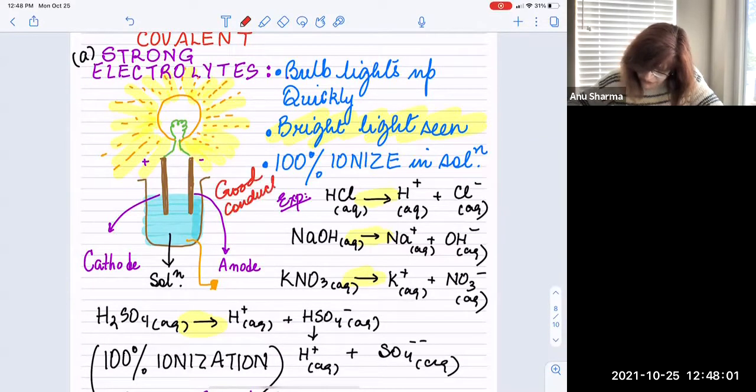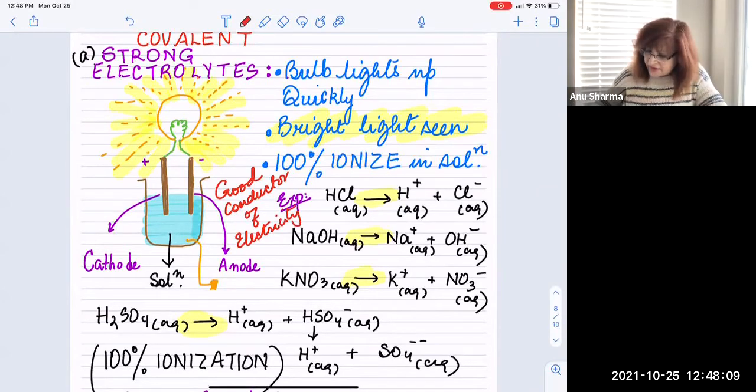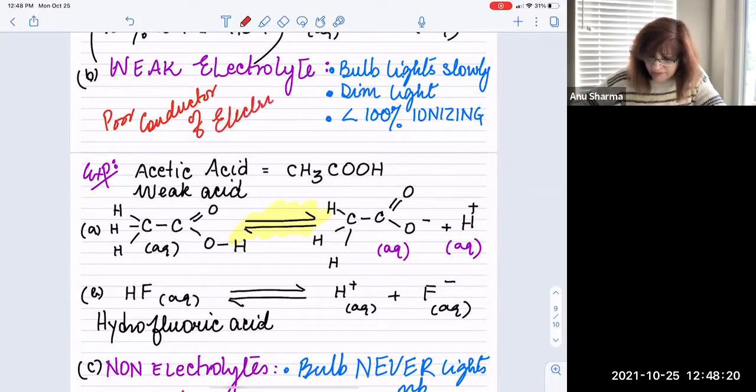Good conductor of electricity. Okay, and these guys, weak conductors, are poor conductors of electricity.